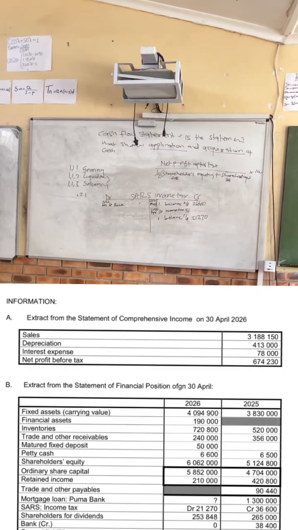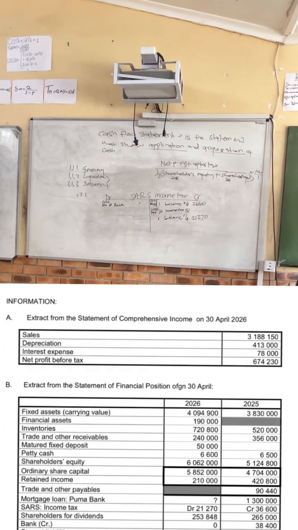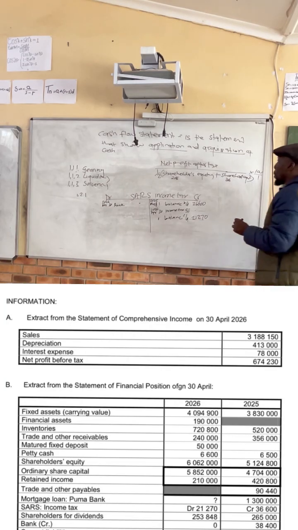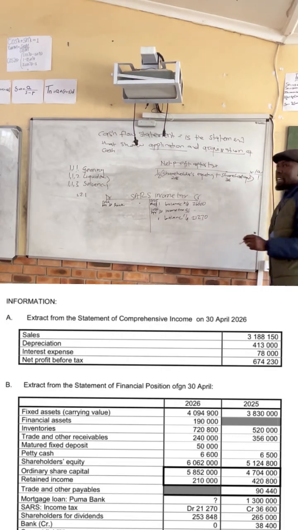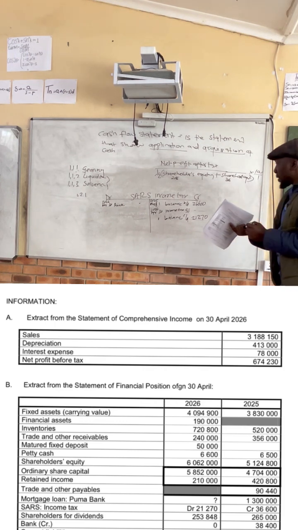Okay. Now let's just substitute what we have here. We don't have net profit after tax. Now the net profit after tax is going to assist us to get income tax. Okay. Now let's substitute what we have.